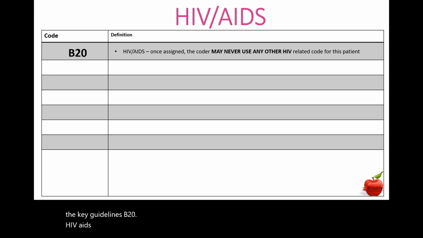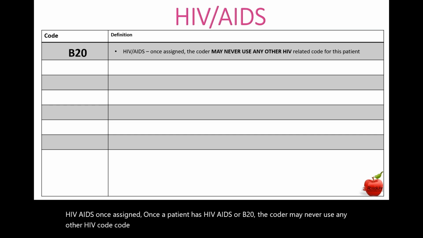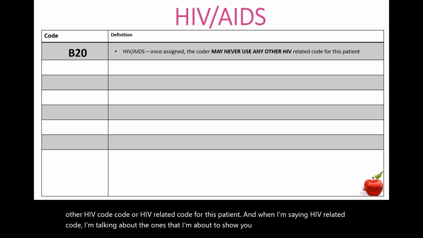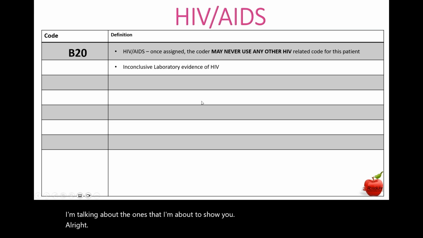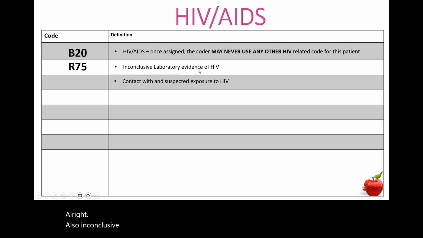Once a patient has HIV/AIDS or B20, the coder may never use any other HIV code or HIV-related code for this patient. And when I'm saying HIV-related code, I'm talking about the ones that I'm about to show you. Also, inconclusive laboratory evidence of HIV, that's R75.